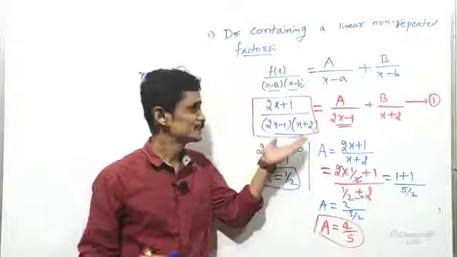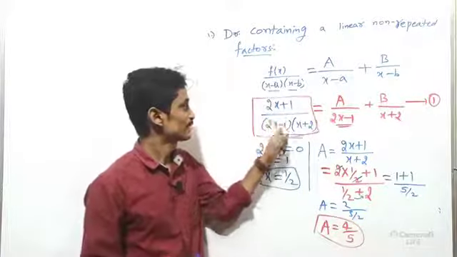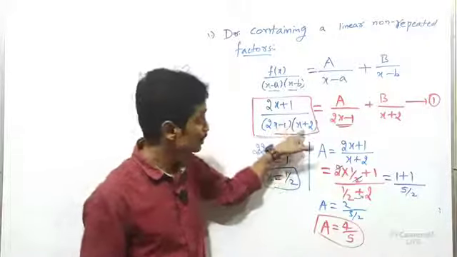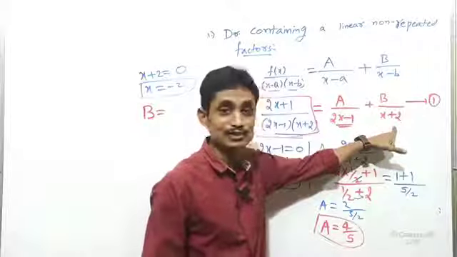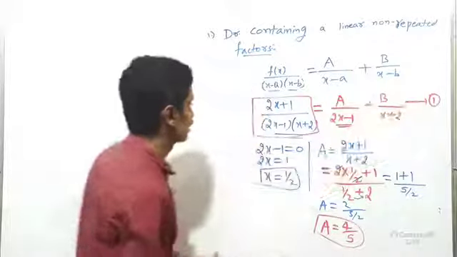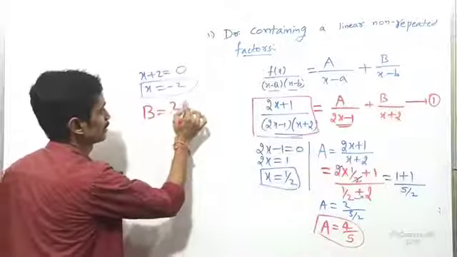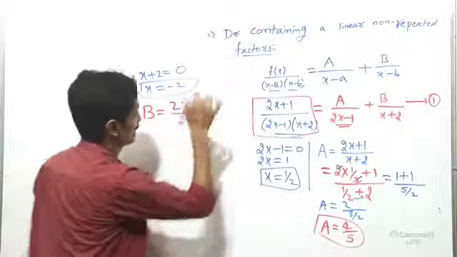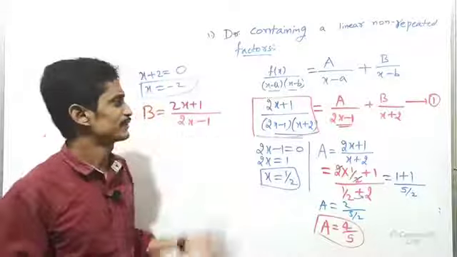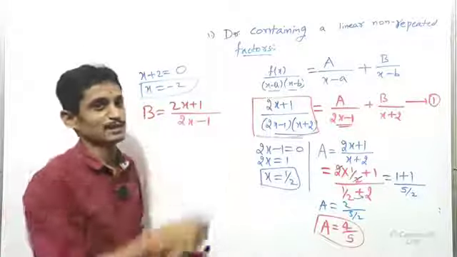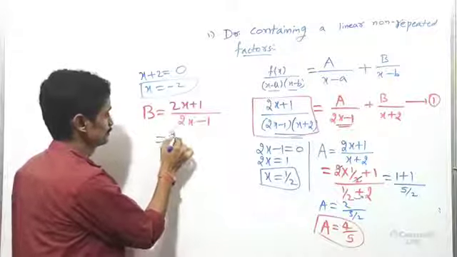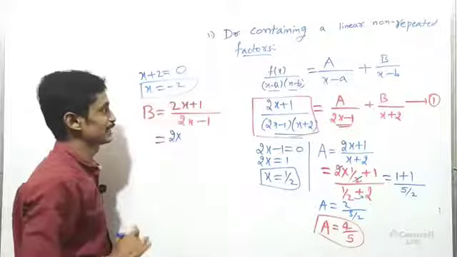What do I have in the LHS part? 2x plus 1 divided by (2x minus 1) into (x plus 2). Right, but x plus 2 is the denominator of b, so excepting that denominator we write the remaining part, 2x plus 1 upon 2x minus 1. After that, very easy calculation, just by replacing the value of x. Now let us see. 2 into, what is my x value?